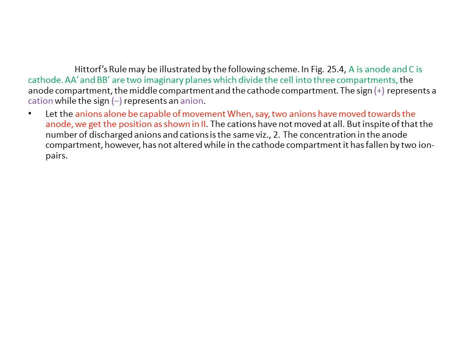Now, as I have already discussed, let us suppose that only the anions are capable of movement. Now, see in the figure, when two anions move towards the anode, that is from the negative terminal to the positive terminal, we get the situation as in case second.